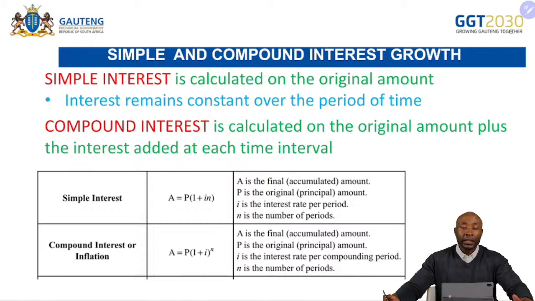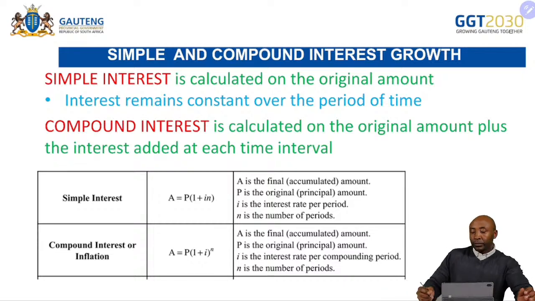Our A represents the final amount, which is accumulated at the end of the investment period. P represents the original amount, or our starting amount, which is the principal amount. i represents the interest rate per period, and n represents the number of periods where our interest is going to be earned.